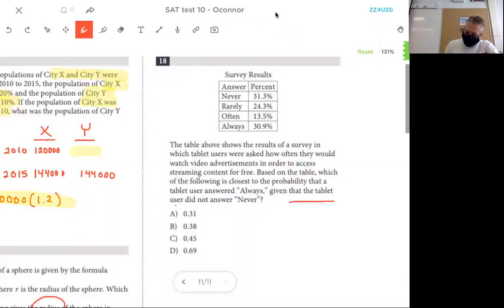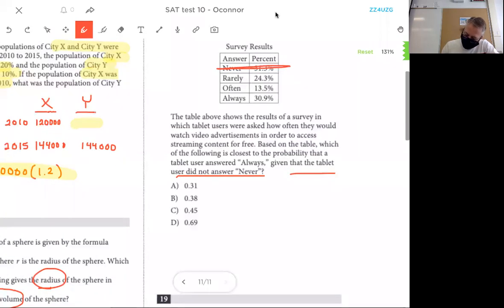This part is pretty interesting. Okay, what that means is we're throwing out the never data. And what we want to do is figure out the probability of somebody doing always over all of the other ones.